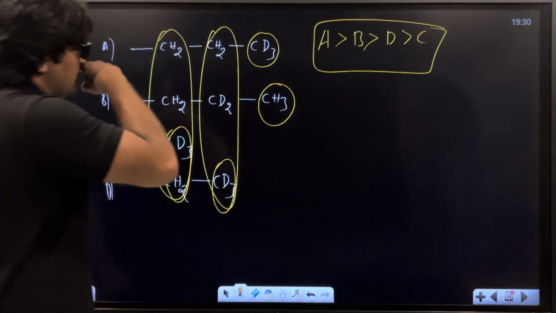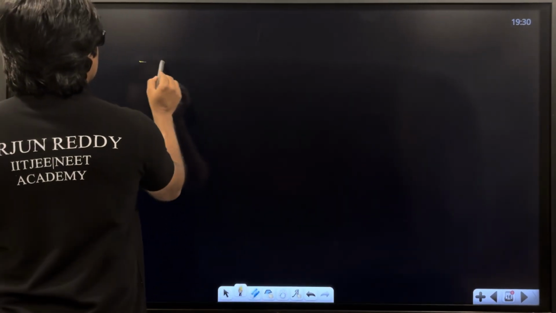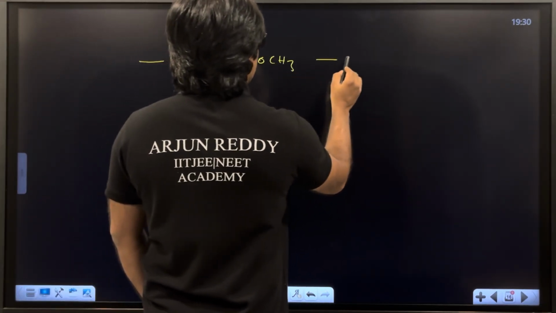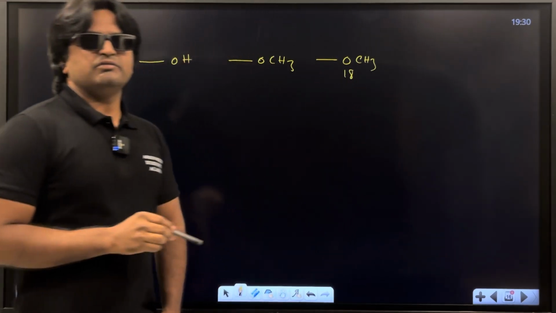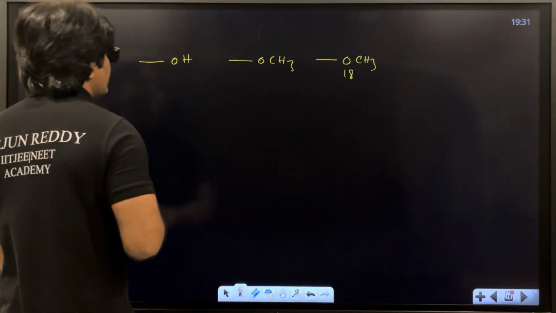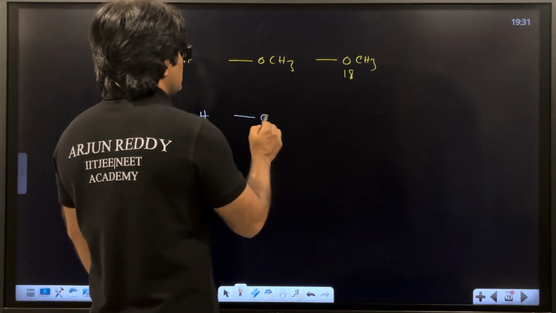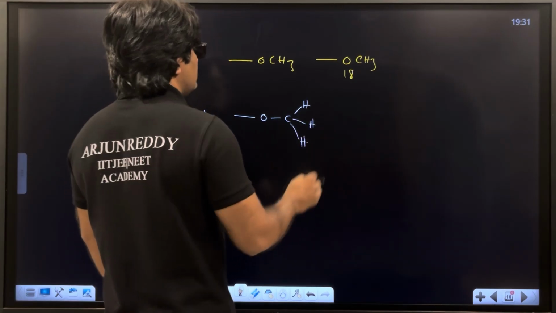So that is the way of giving priorities. Okay, right. Next one, for example, here OH is given, next one OCH3 given, next OCH3 with the 18 isotope given. What about the priorities according to the given groups? Clearly I am writing like this: OH. Next one OC, hydrogen, hydrogen and hydrogen.